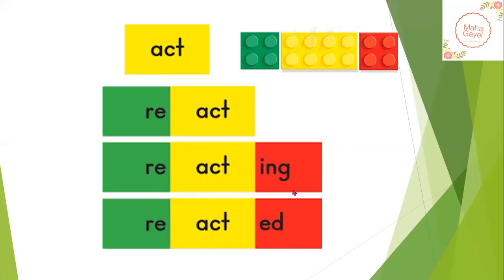What is the difference? Here reacting means something which is happening now. From where did I know that this is the meaning? Yes, from the suffix, which is a group of letters that was added to the root word. The suffix here is giving me the meaning of something that is happening now, but the suffix in this case, which is the letters ed, gives me the meaning that something has happened in the past.